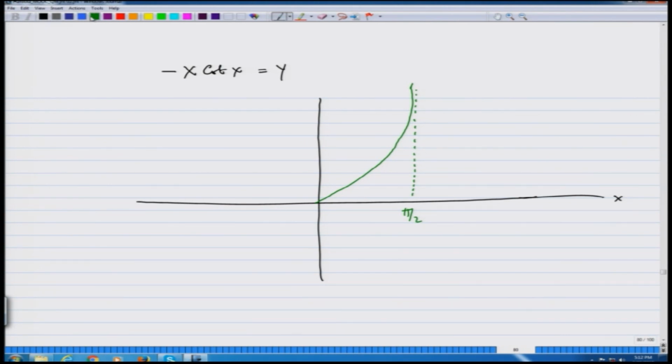So, this is x tangent x, minus x cotangent x would go like this and would blow up at x equals pi, and from here again I will get x tangent x.